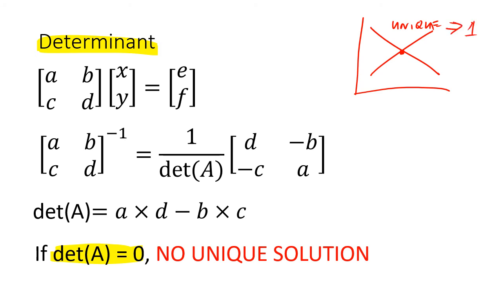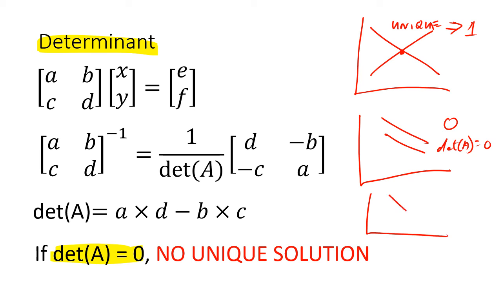That's what unique means. If the two lines are parallel, there's no solution, because there's no point where those two lines cross, and that's det A equals 0. Or you have a line and then another line exactly the same on top, and that's got an infinite number of solutions, and that's also a case where det A equals 0.